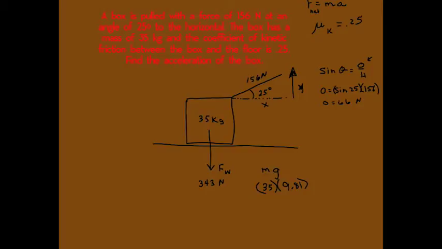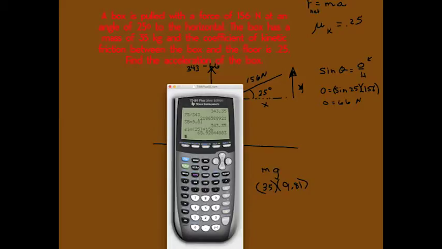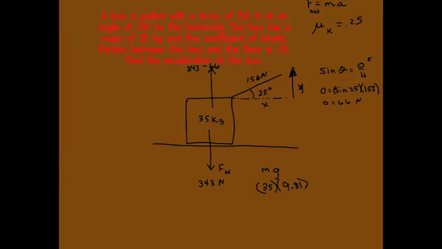So I'm going to do 343, which is what it would be in the upward direction if I didn't have that, minus 66. So this normal force is 343 minus 66, which is 277. So my normal force is 277.